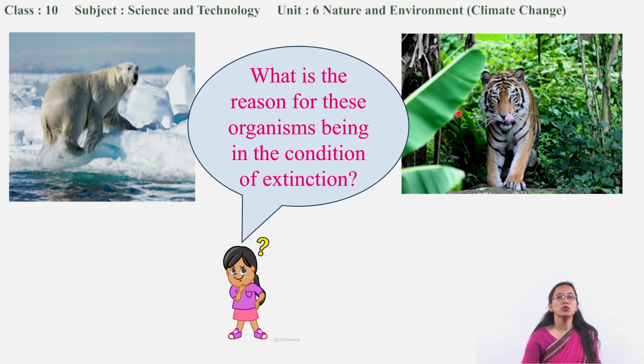And when we go to the Tarai region, in the jungles, we can find tigers. But nowadays, these animals are in the stage of extinction. What is the reason for these organisms being in the condition of extinction?